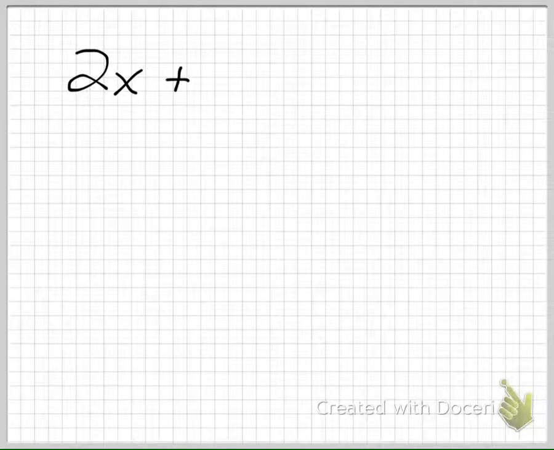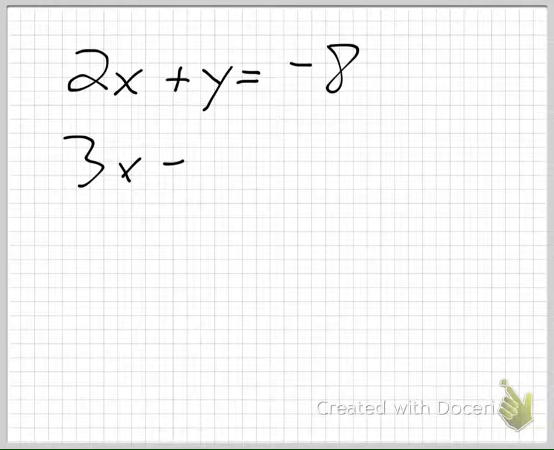Here's when you know that substitution is a viable option: when I give you a system like 2x plus y equals negative 8 and 3x minus 2y equals 10.